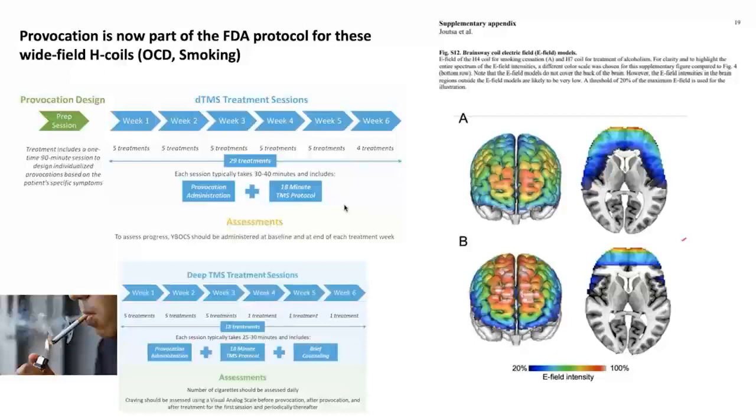And both of these FDA pivotal studies were preceded by studies that evaluated whether or not the cue was relevant. And they both found that the effect size was greater when individuals were primed with the cue. So that's pretty cool, as Dr. Fox is going to tell you about probably in a bit. When we look at these coils, in both of these FDA pivotal trials, they used wide field H coils.